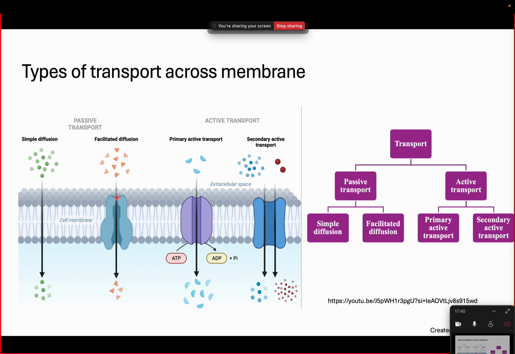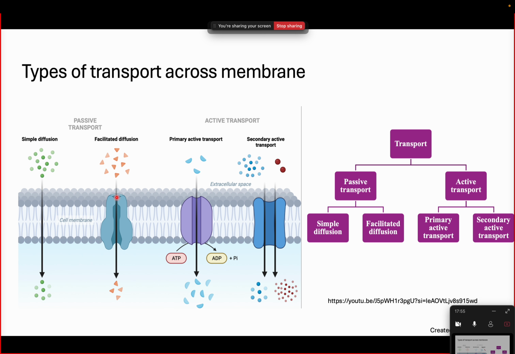The second type of transportation is active transport. In active transport, there is association of energy. It can be direct energy via ATP, or it can be indirect energy of another substrate, right?